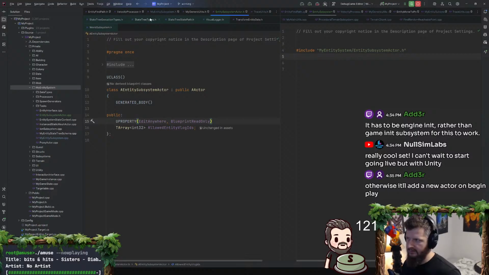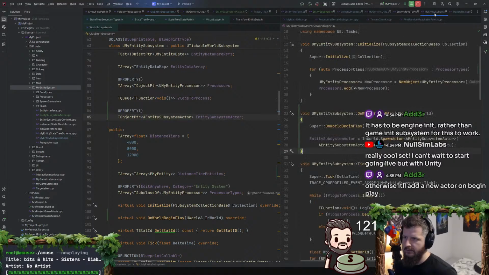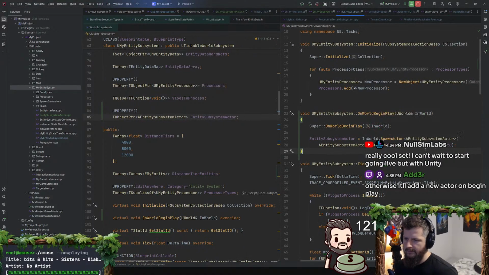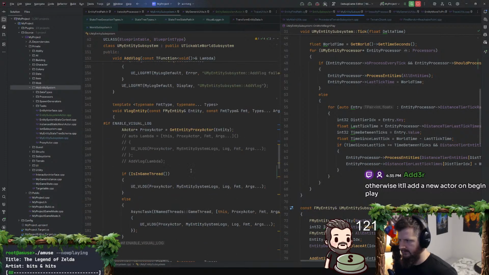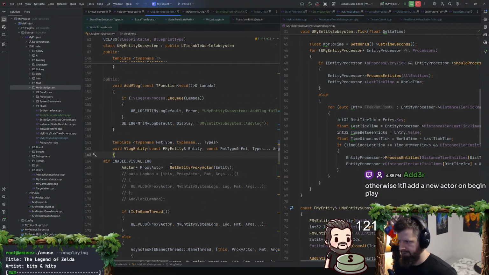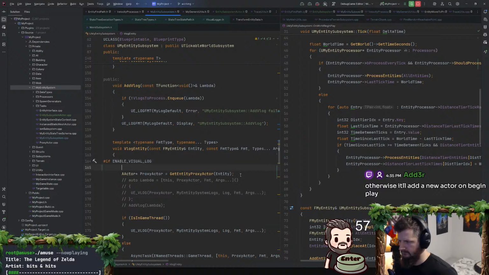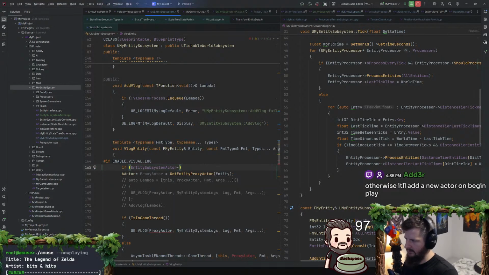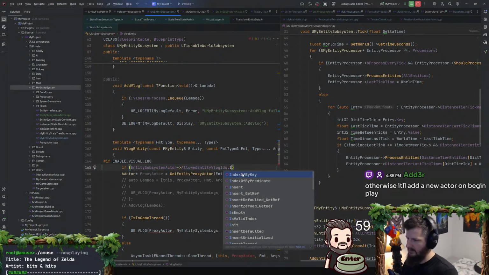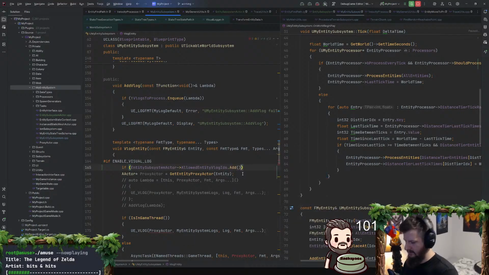Where's my subsystem? Where'd it go? There it is. Okay, so in the vlog, entity subsystem actor, allowed is dot. I guess it should be a set, right?